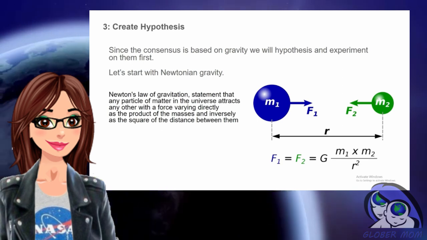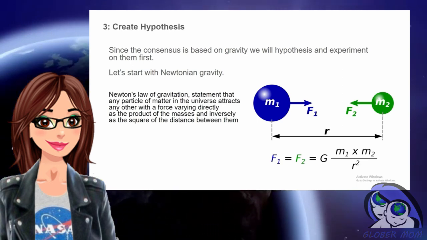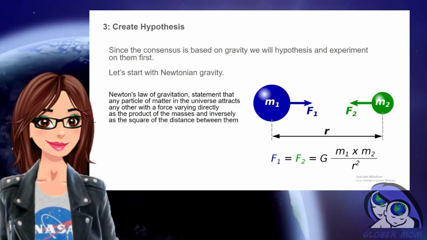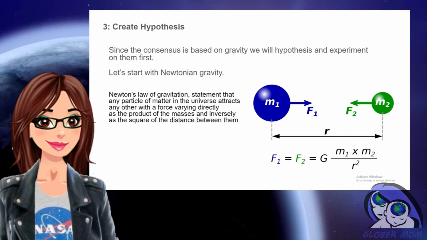Newton's law of gravitation states that any particle of matter in the universe attracts any other with a force varying directly as the product of the masses and inversely as the square of the distance between them. So in other words, the larger mass will attract the smaller mass more, and the distance between them would give them a different accelerative rate.